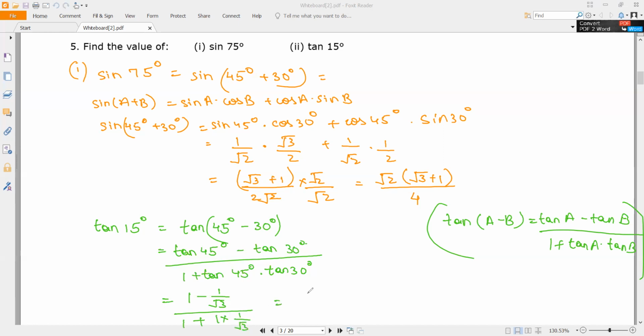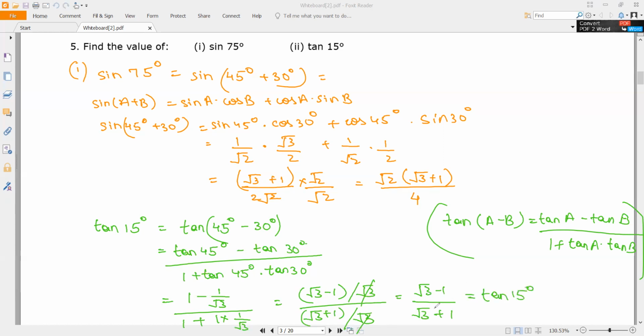This is equal to root 3 minus 1 divided by root 3 upon root 3 plus 1 divided by root 3. After cross multiplying, these two will get cancelled. You will get root 3 minus 1 upon root 3 plus 1. This is the value of tan 15 degree.